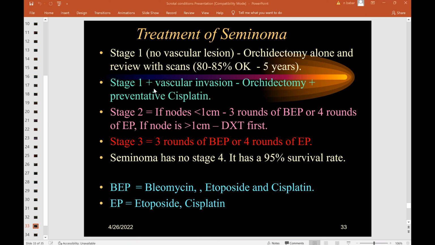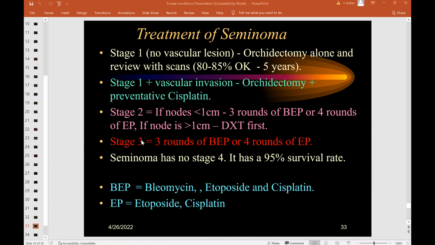Stage 1, when there is vascular invasion, then orchidectomy followed by preventive cisplatin. Stage 2, if nodes are less than 1 centimeter, then 3 rounds of BEP or 4 rounds of EP. If the node is more than 1 centimeter in size, then radiotherapy first, followed by BEP or EP.